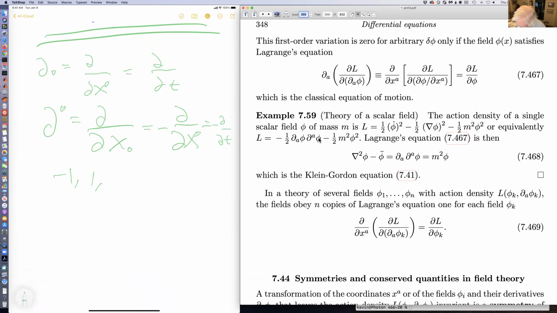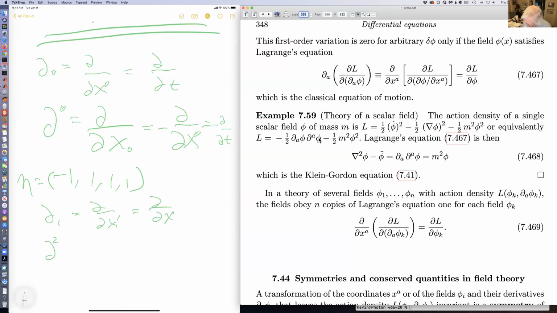Let me just mention the metric I use is minus 1, 1, 1, 1. And d1, say, is partial x1, and if you're in XYZ, that's partial x.